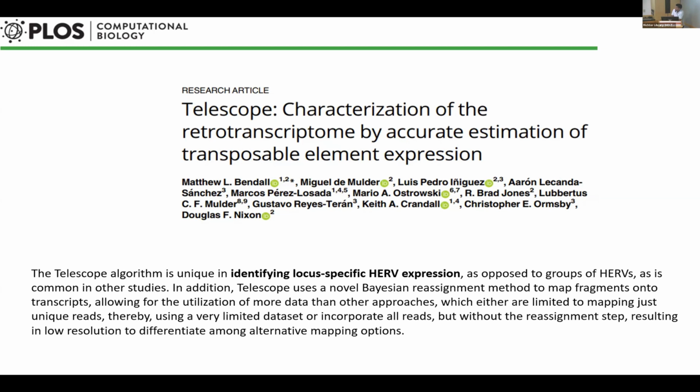However, in the past 5 or so years, there's been an increased push to develop packages that are able to identify as well as quantify the amount of transposable element activation within these RNA-seq data sets.